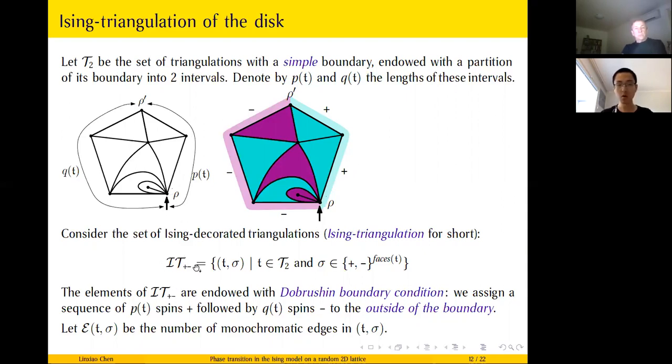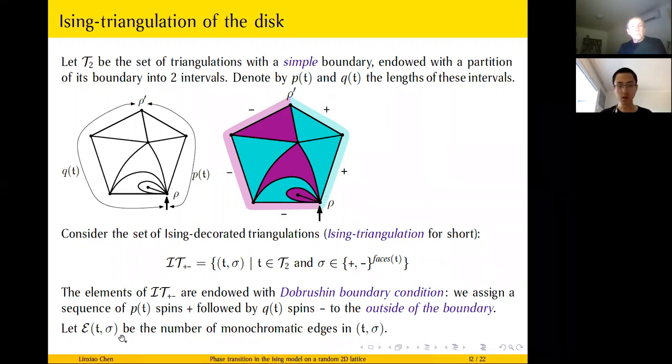So I will call the set of triangulations with boundary condition and with spin configuration on them, the set of all these objects, IT plus minus. So basically Ising triangulations with a plus minus boundary condition.